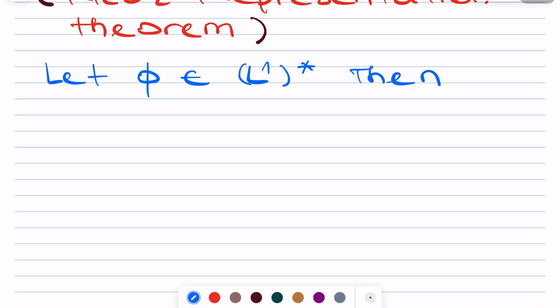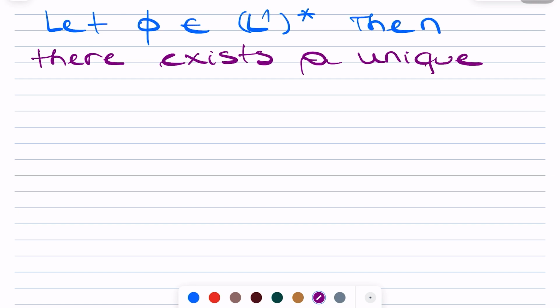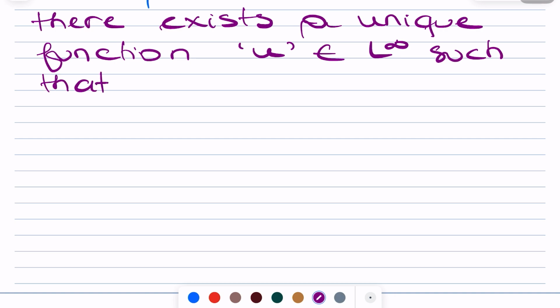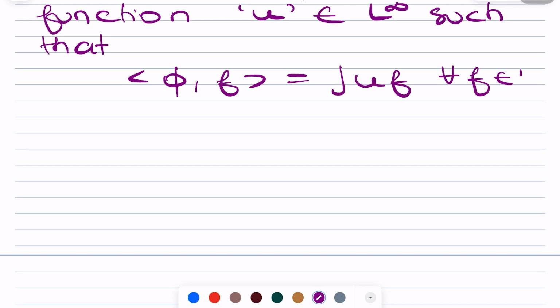Then there exists, I mean the statement is basically the same, a unique function u in L infinity such that this dual pairing is equal to the integral of u f for every f in L1.